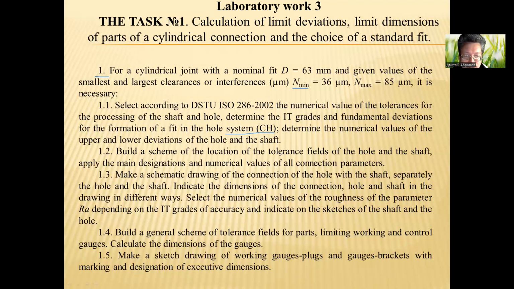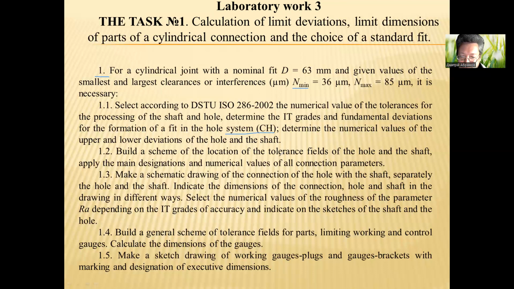Build a scheme of the location of the tolerance fields of the hole and the shaft. Apply the main designations and numerical values of all connection parameters. Make a schematic drawing of the connection of the hole with the shaft, and separately the hole and the shaft. Indicate the dimensions of the connection, hole and shaft in the drawing in different ways.